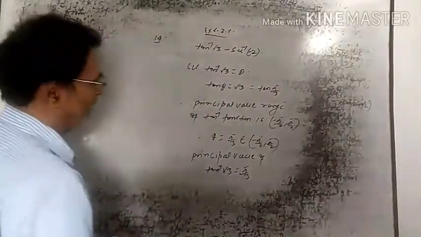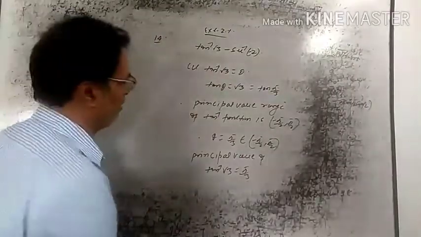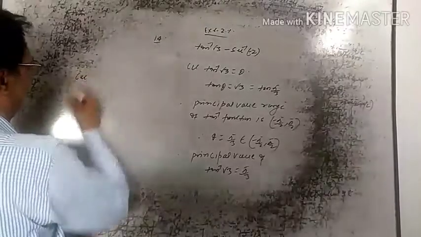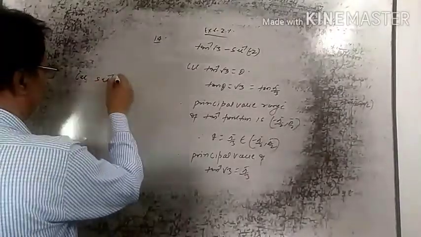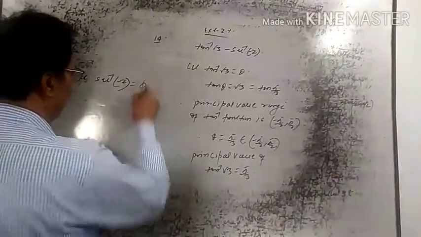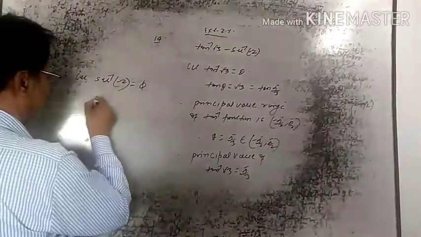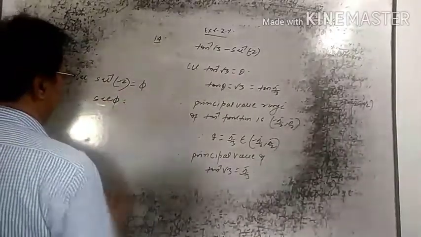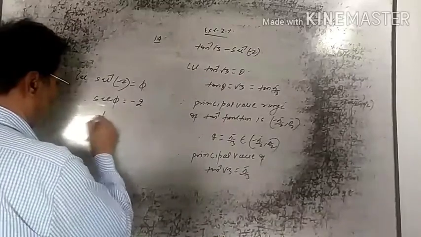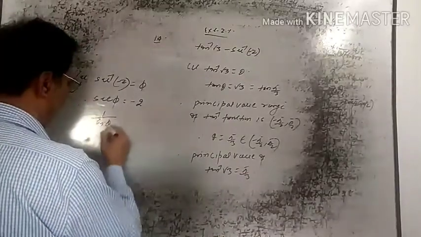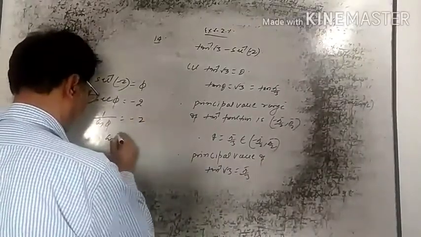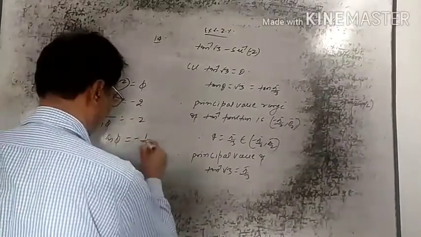Similarly, we find the principal value of sec inverse minus 2. For this, let sec inverse minus 2 be equal to phi. So sec phi is equal to minus 2, 1 by cos phi is equal to minus 2, cos phi is equal to minus 1 by 2.